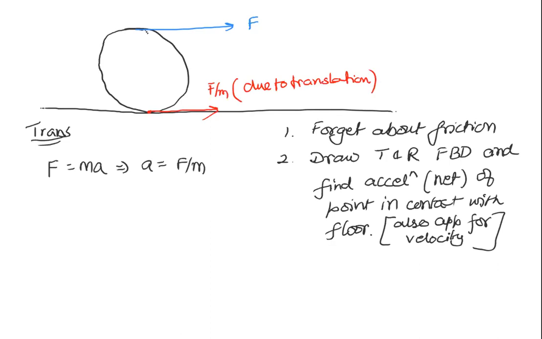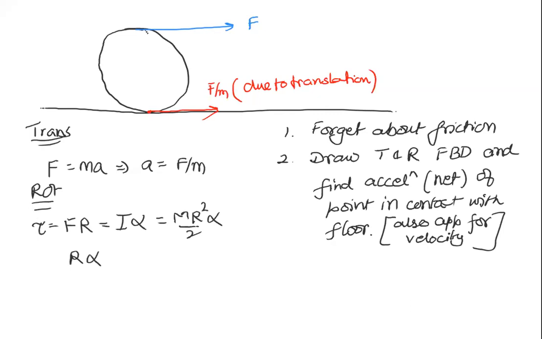And then if we talk about the rotation of the object, then we'll say that torque is equal to Fr is equal to I alpha is equal to Mr square by 2 alpha.